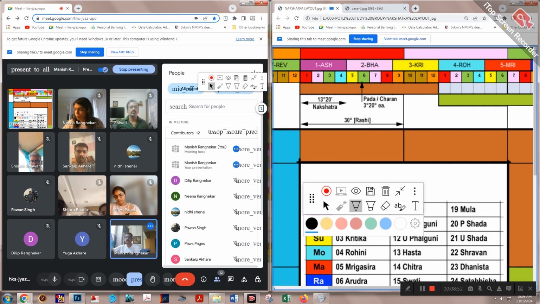Don't bother much. So if you see the module, let us say, of a nakshatra, this is the nakshatra, correct? I hope you can see this. This is a nakshatra, Ashwini. Now, so far so good. In one nakshatra, you've got pada 1, pada 2, pada 3, pada 4. 4 divisions. So for 13 degree 20 minutes, you have to understand that 20 minutes is a division of 60 minutes.